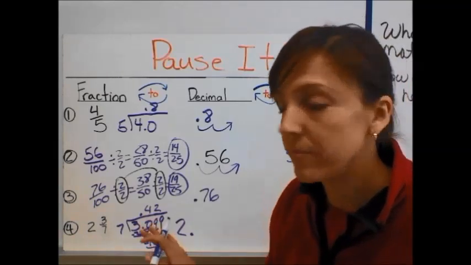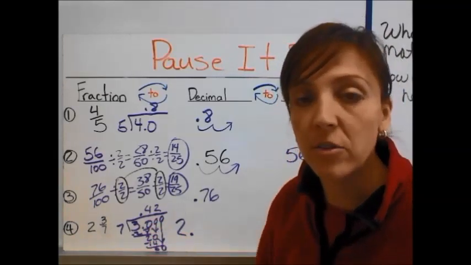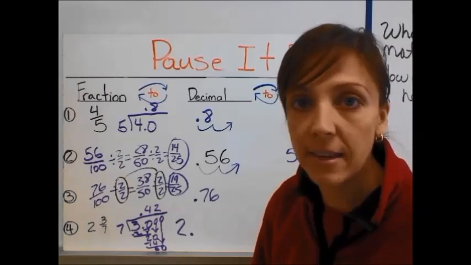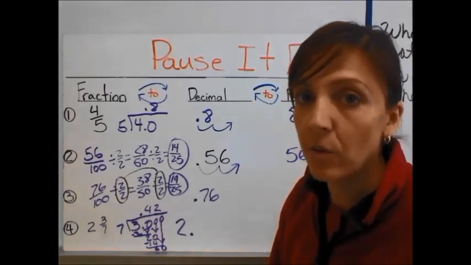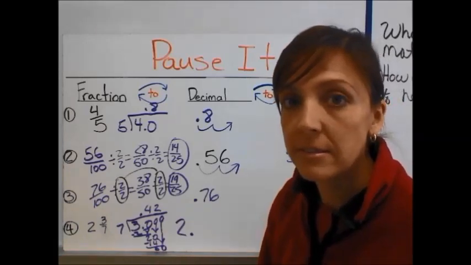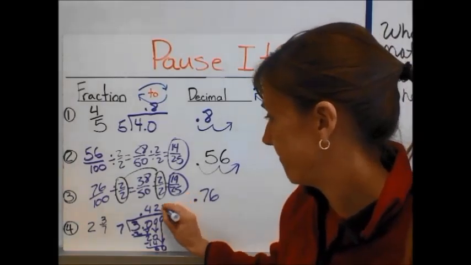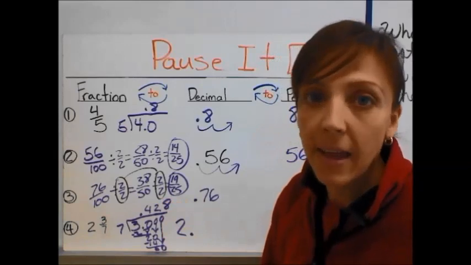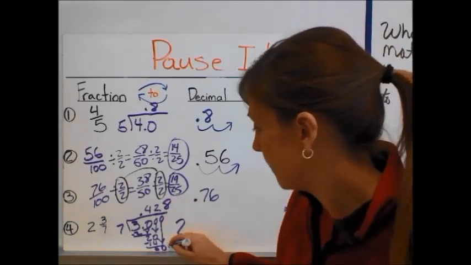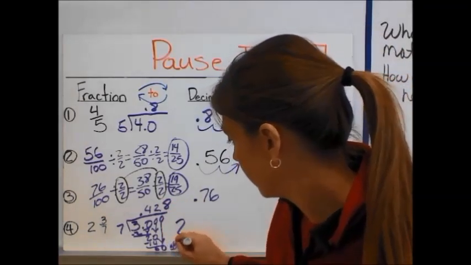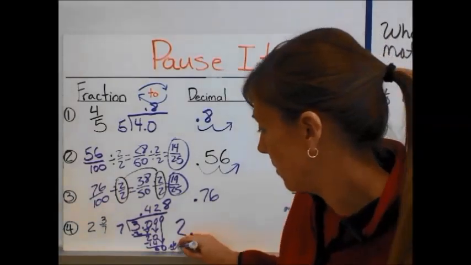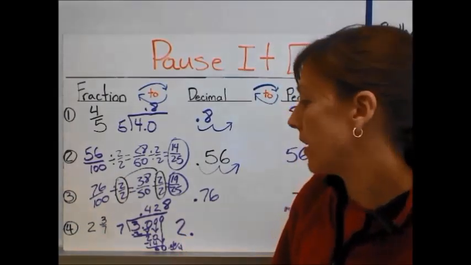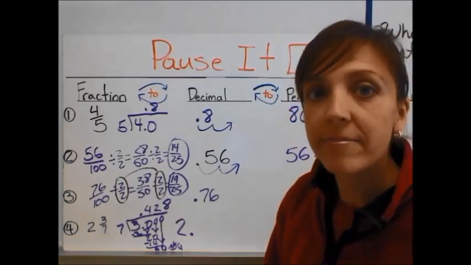Subtract and you get 6. Bring down your 0, you get 60. 7 into 60 goes 8 times. 8 times 7 is 56. And 56 from 60 is 4. Bring down your 0, you get 40.